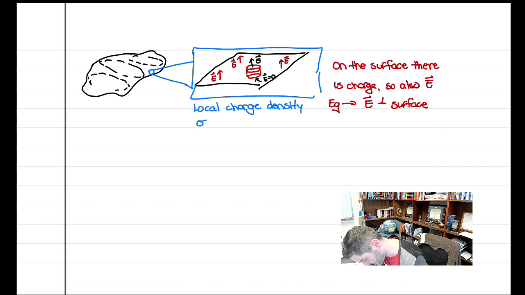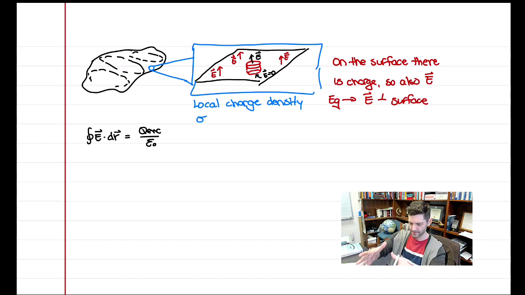By Gauss's law, the flux through that little pillbox better equal the charge enclosed divided by epsilon naught. The flux going through the pillbox, there's nothing going through the sides, nothing going through the bottom part, it's only going through the top. If you think of when we did the infinite sheet, I've essentially zoomed in so much that this looks like an infinite sheet. And if it doesn't, zoom in even more.